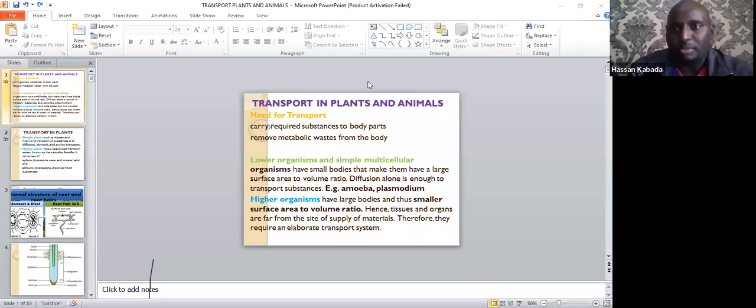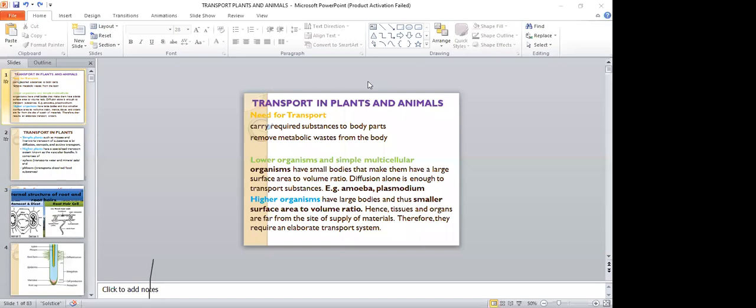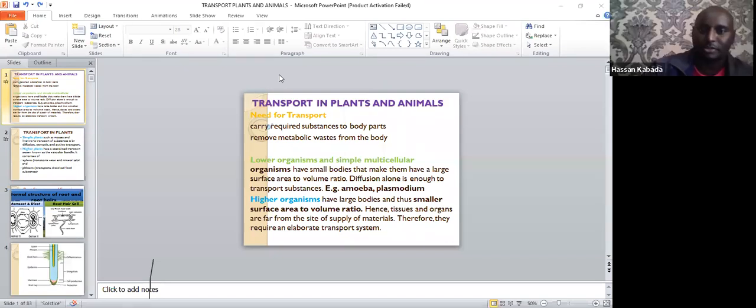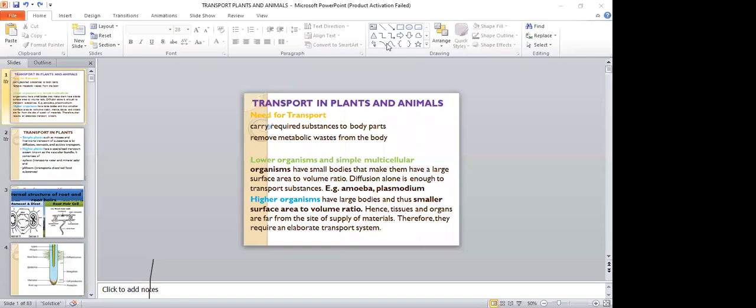transport. What do you mean by the word transport in biology? In conventional biology, before we even indulge in transport, I'd like us to highlight something very small so that we are all together. So I would like to share something on the screen.